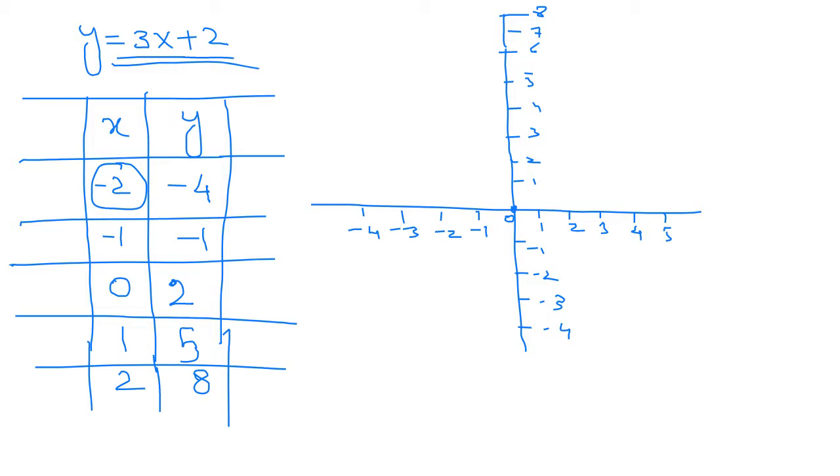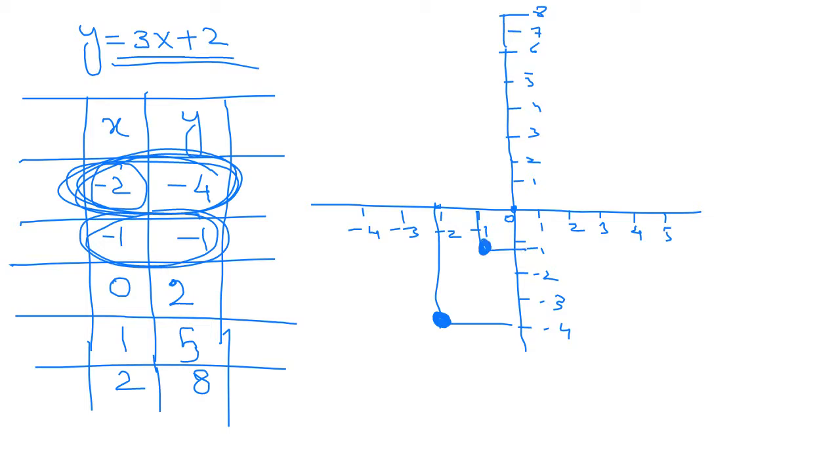First point is minus 2 and minus 4, this point. Second point is minus 1 and minus 1, this point. Third point is 0 and 2. Fourth point is 1 and 5.